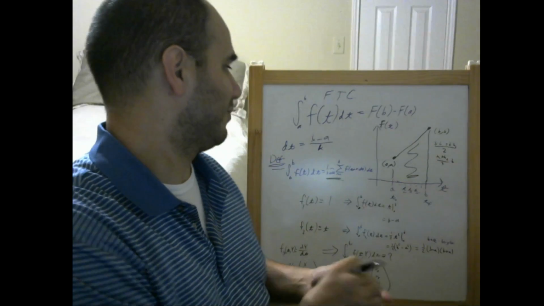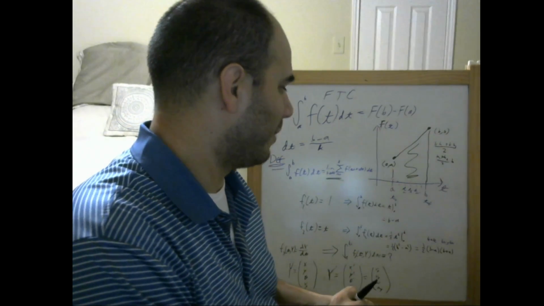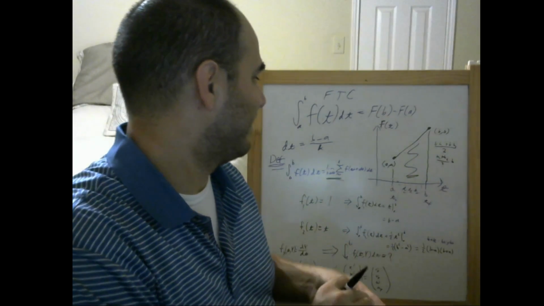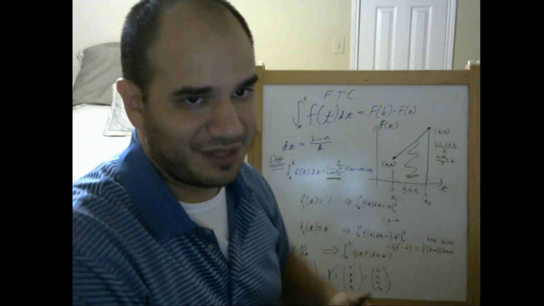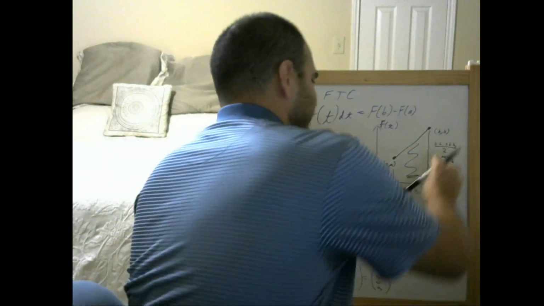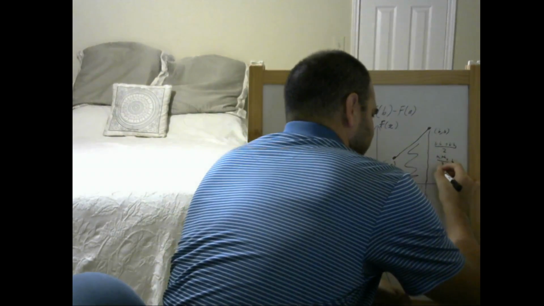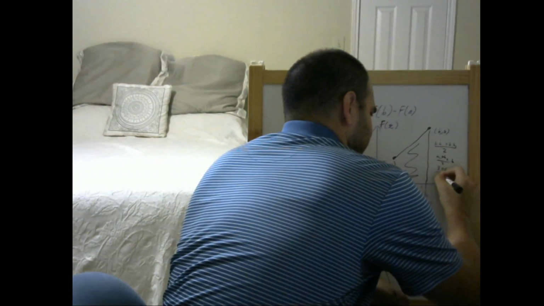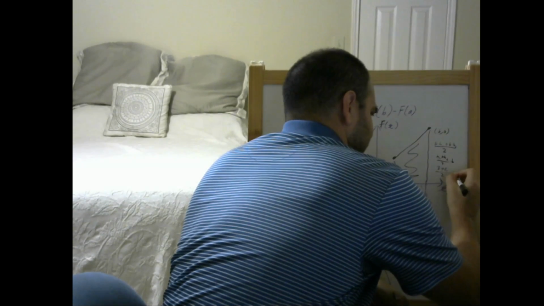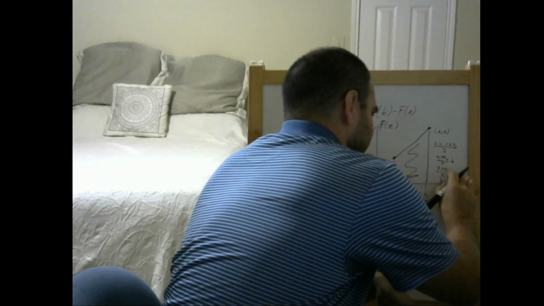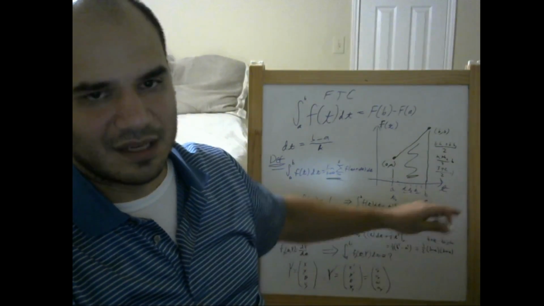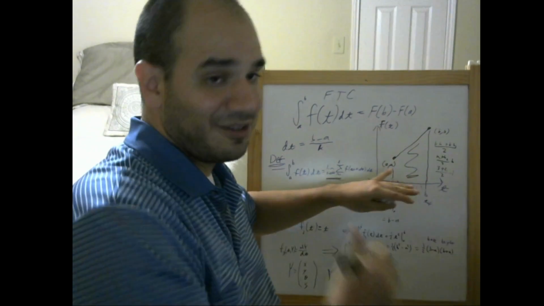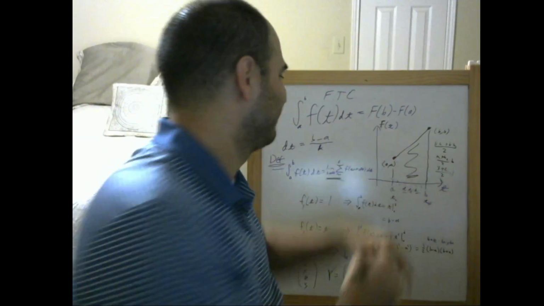Okay, so what we would expect is if we have a trapezoid where this is (2, 2), and this is (3, 3), then we would expect the area to be, right, and so again, that would also be a triangle sitting on top of a rectangle.